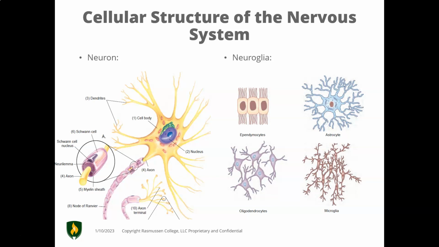The term neuroglia means nerve glue. And with that, there are four main types. We have the astrocytes, the oligodendrocytes, microglia, and ependyma.